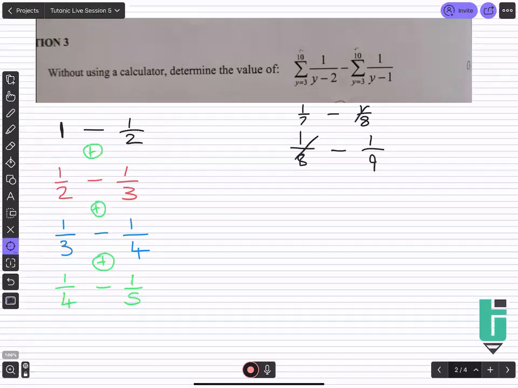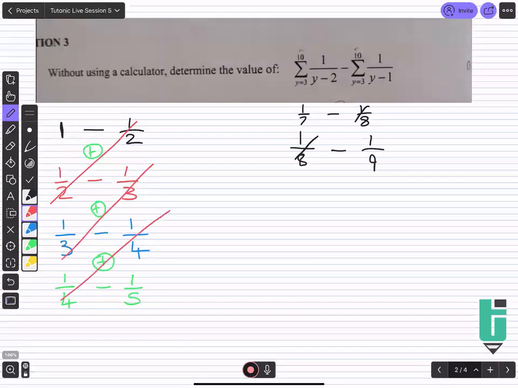Why? Because what's the last number you sub in? You sub in 10, right? You guys agree? The last number you sub in is 10. So that's 1 over 10 minus 2, 1 over 8. And then it's 1 minus 1 over 9. So all of these are going to cancel, and you're just going to be left with 1 over 9.